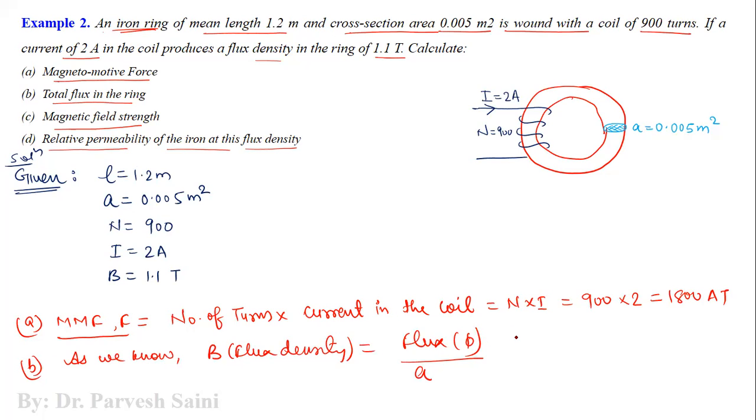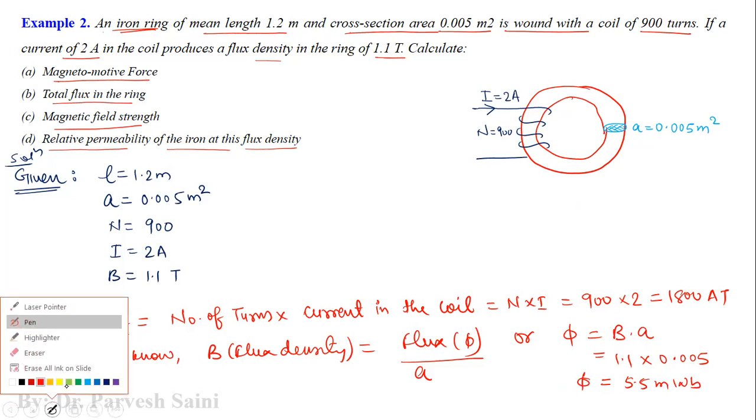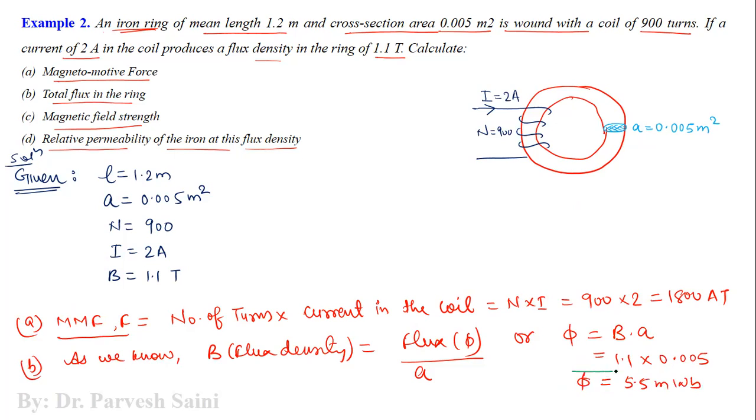So from here we can find out flux, which is equal to B into A, and B is given to us, which is 1.1 Tesla, and A is also given, which is 0.005 meter square. So the value of flux in this case will be equal to 5.5 milli Weber, right? So this much of flux will be produced in the iron ring.